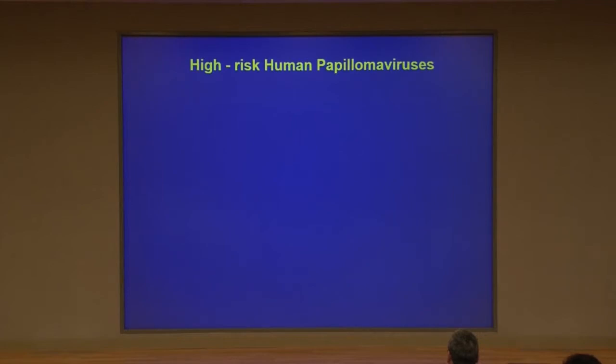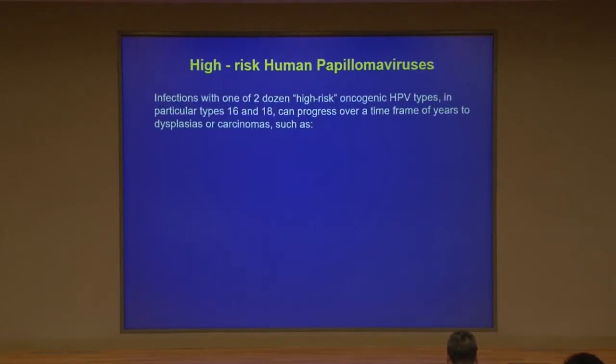Now there's a group of human papillomavirus called high-risk viruses. Why are they high risk? Because they can progress to cancer. There are about 2 dozen such viruses, most prominently types 16 and 18. But progression to cancer usually takes many, many years. So early diagnosis and treatment is the only way to prevent cancer.